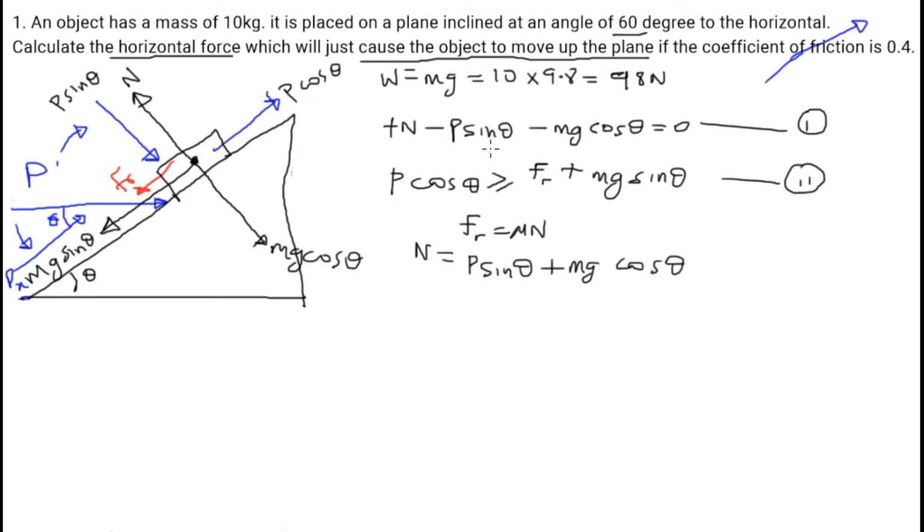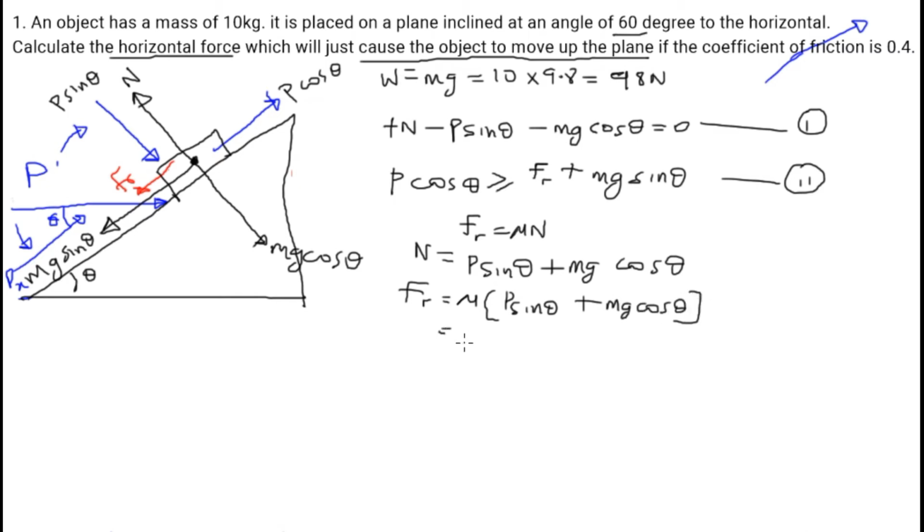I did this by adding P sin theta to both sides in equation 1. So Fr will become mu into P sin theta plus mg cos theta.